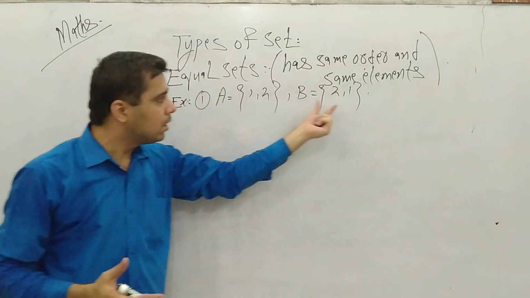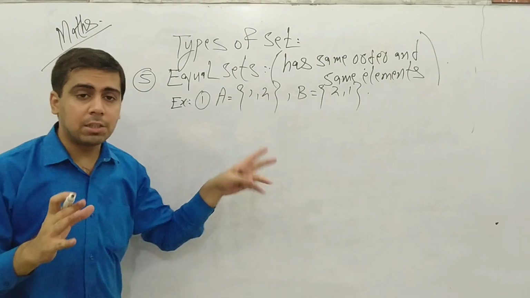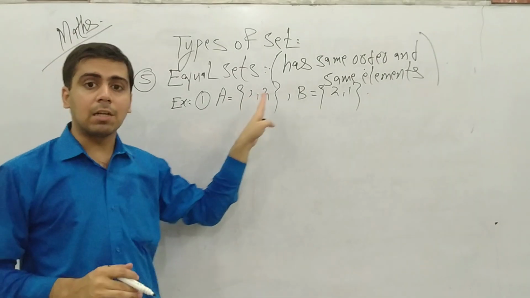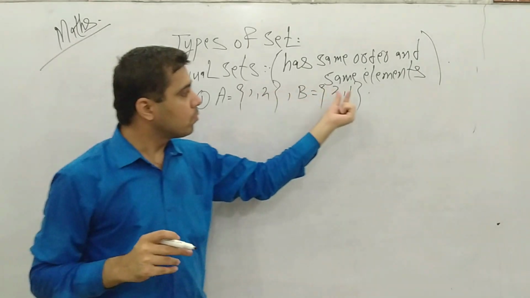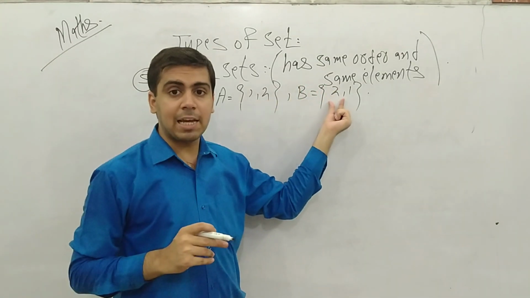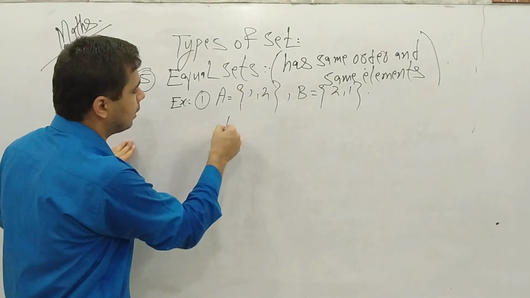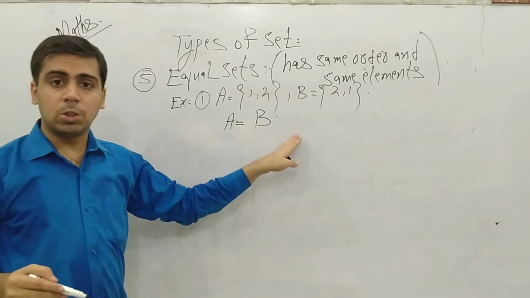It means the order of both sets is the same. Now we have to see whether the elements given here are the same or not. Here 1 is given, there is also 1 given; 2 is given here, 2 is also given here. It means we can say that A is equal to B.